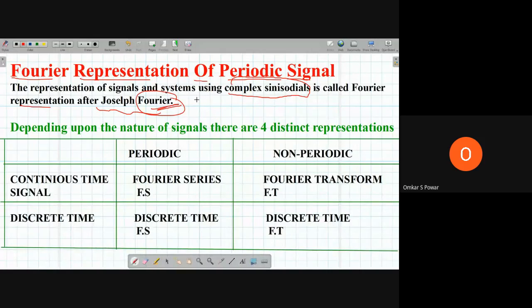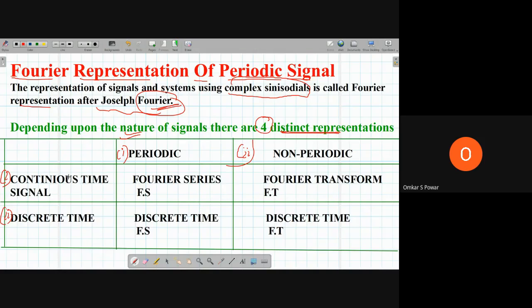Depending upon the nature of the signal, there are four distinct representations of signals. As I explained yesterday, your signal may be periodic or aperiodic, and it may be a continuous time signal or a discrete time signal.